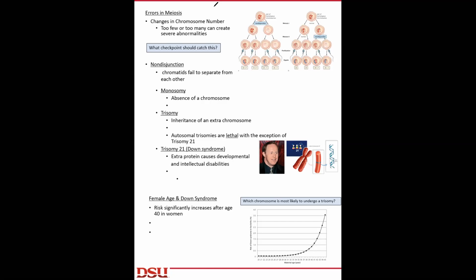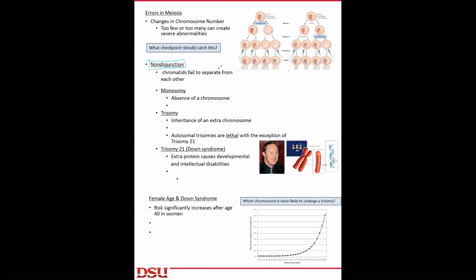And if there are too many chromosomes, too many chromosomes is also usually lethal, and the fetus will spontaneously abort, usually earlier on in the pregnancy. So the mechanical problem that can cause too few or too many is something called non-disjunction.